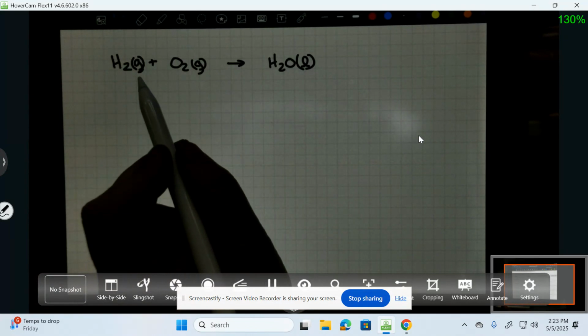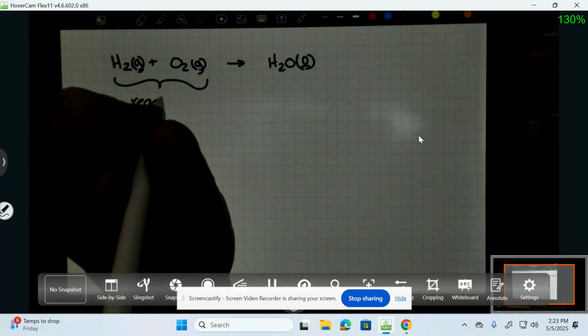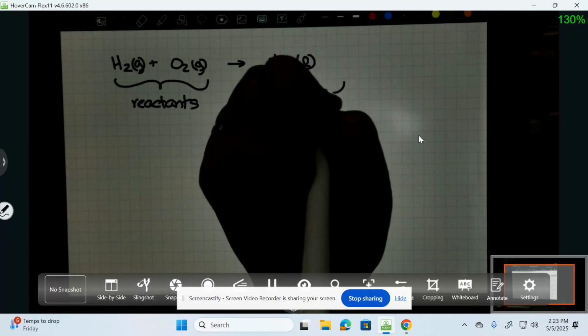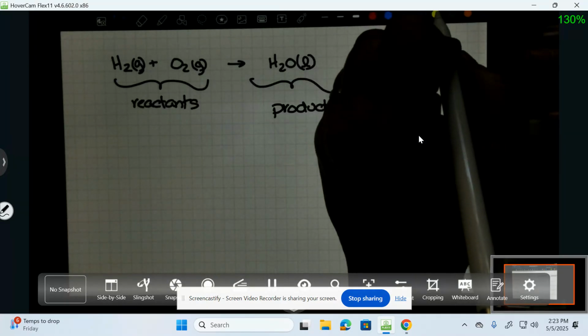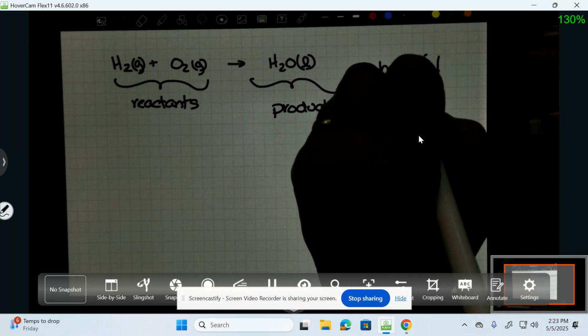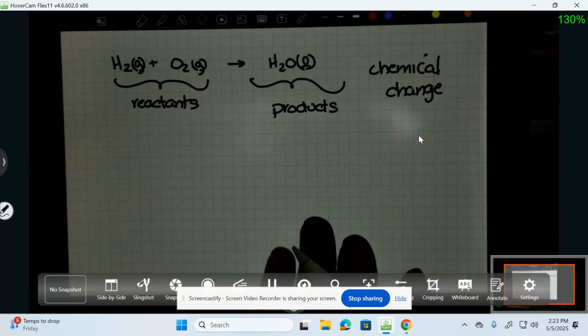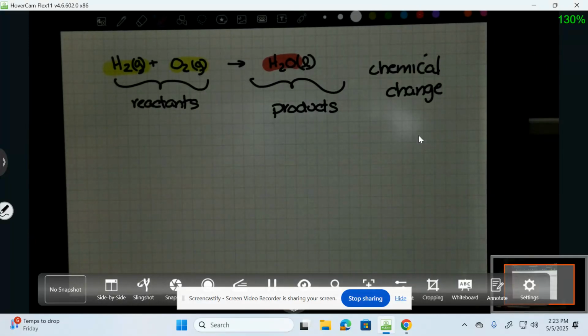Now my reactants, which are over here, and my products, which are over here, are different from each other, then this is a chemical change, because I am now dealing with a totally different substance. These are not the same as this. They have different properties. So that's number 4 on there.